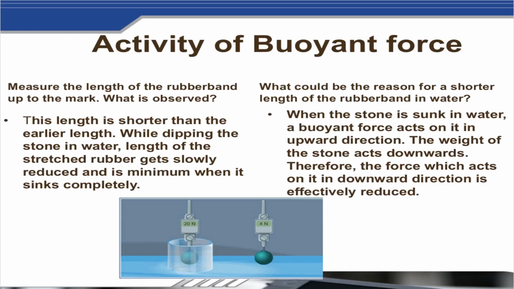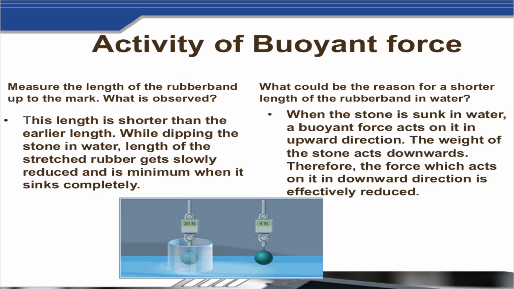Now hold the other end of the rubber band and make a mark there. Keep the stone hanging in air and measure the length of the rubber band from the stone to the mark made earlier. Now take water in a pot and hold the rubber band at such a height that the stone sinks in it. Then again measure the length of the rubber band up to the mark.